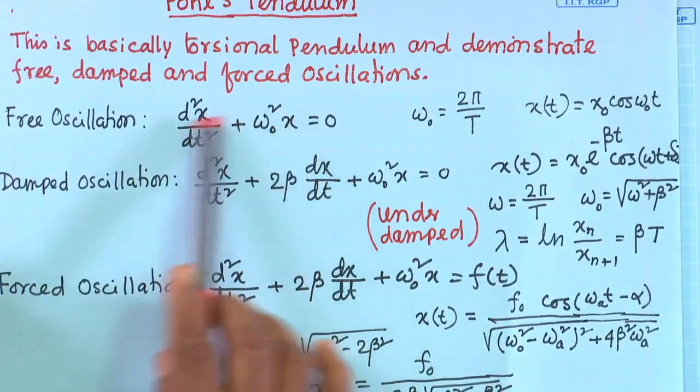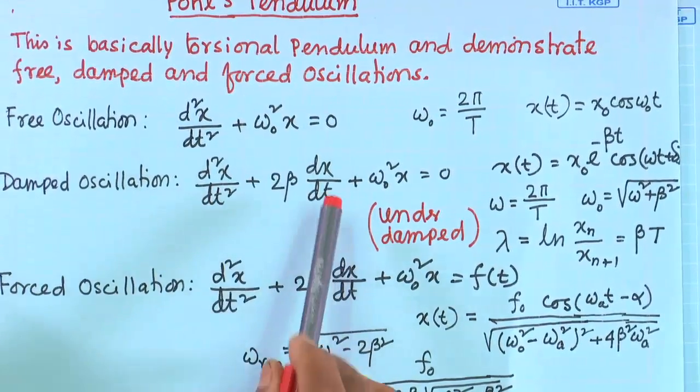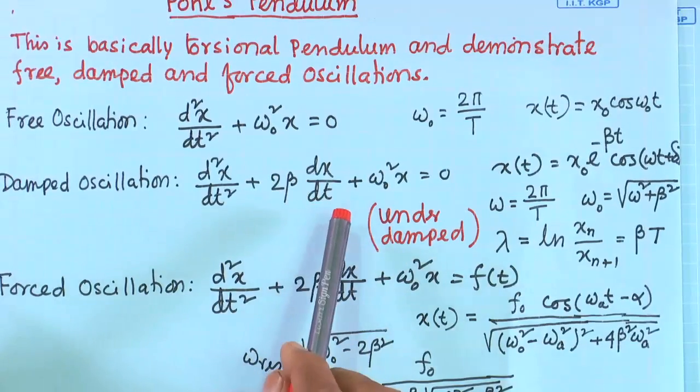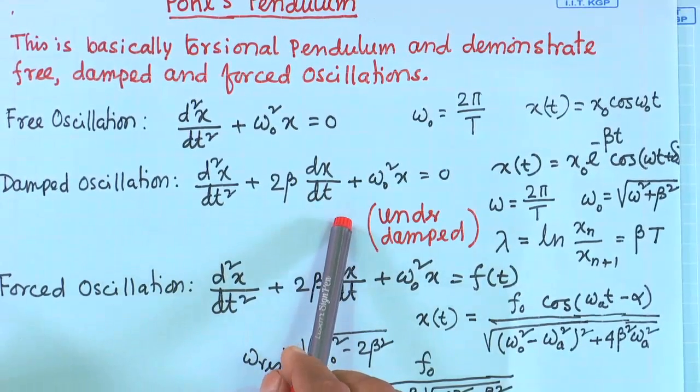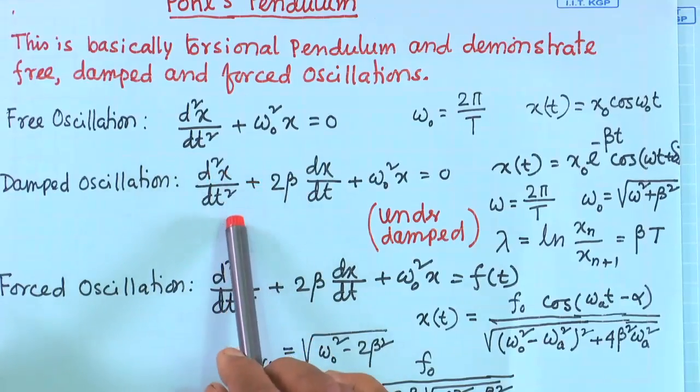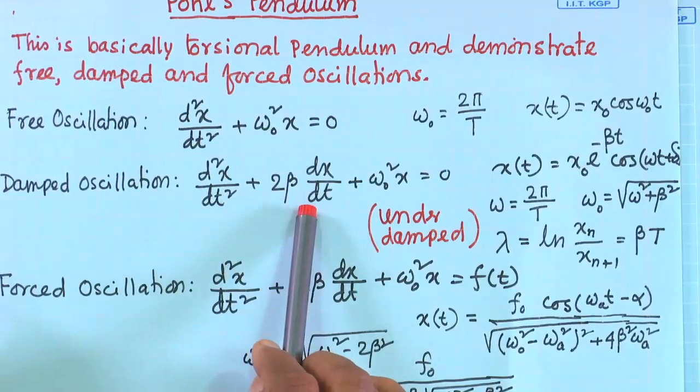So, in this equation one damping term is included. Damping is proportional to the velocity, and this beta is the damping constant. So, d2x by dt square plus 2 beta dx by dt plus omega 0 square x equal to 0.